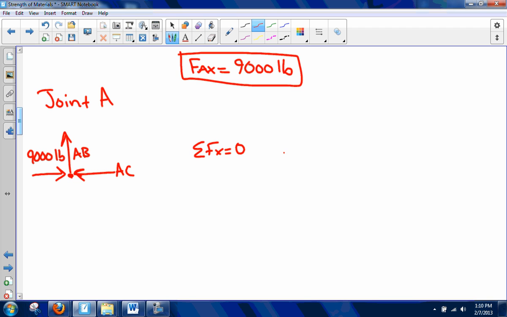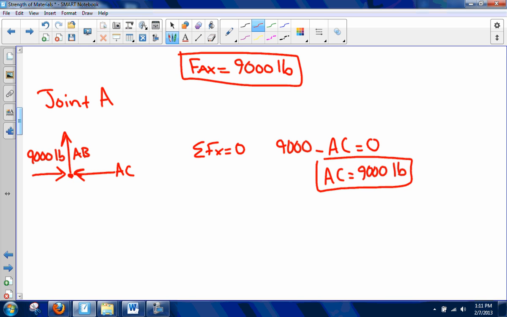I've got 9,000 going to the right, minus AC, because it's moving to the left, equals 0. And so I'll get AC is equal to 9,000 pounds. Sum of the forces in the Y direction equals 0. I'll get AB, and that's it. So it equals 0.